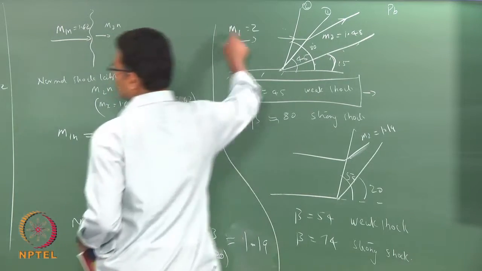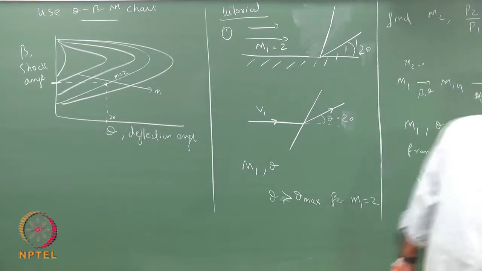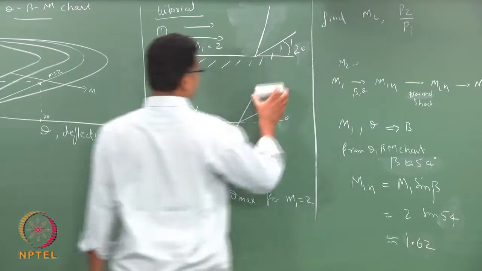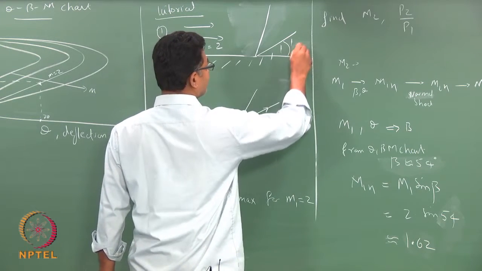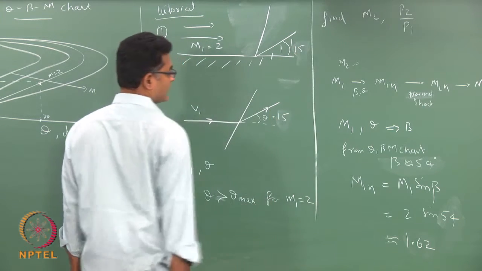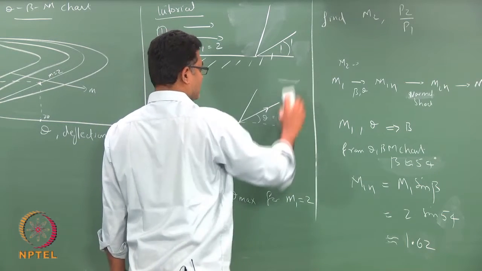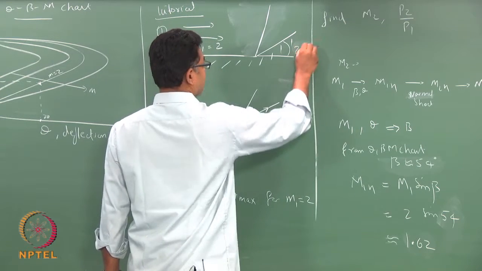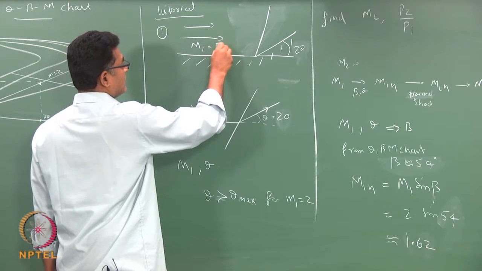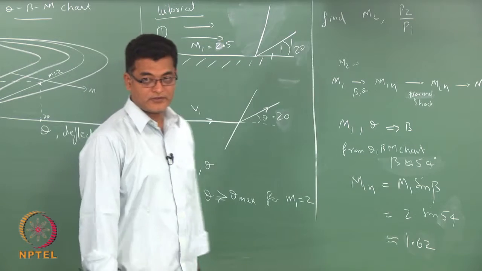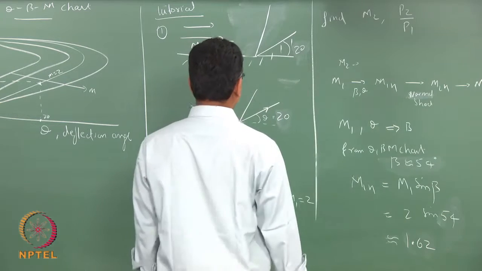Now, what we do is we can increase our Mach number and see what happens to the shock after the deflection. So, consider the previous theta of 15 degrees. Now, we will consider the value to be 20 degrees and Mach number is increased from 2 to 2.5.